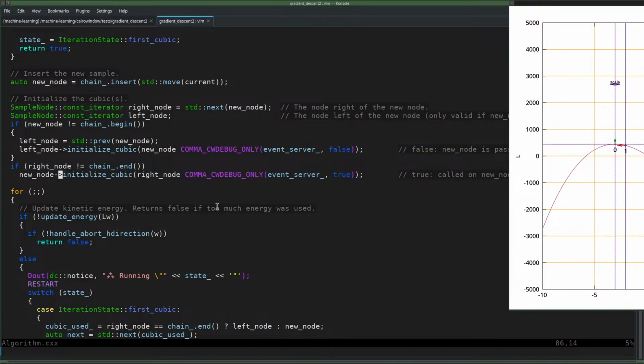Let me think. So in this case it's true. If the right node is not end, the new node is the node on the left of right node, and that is initialized.